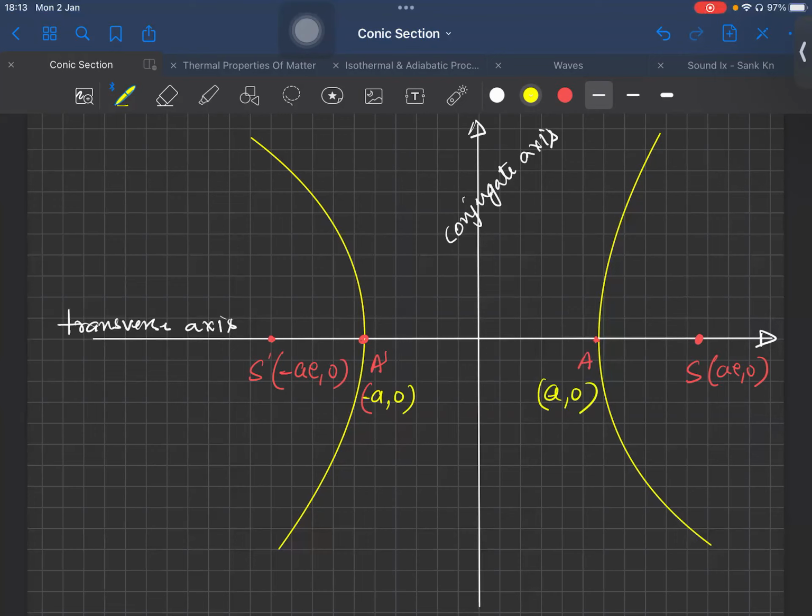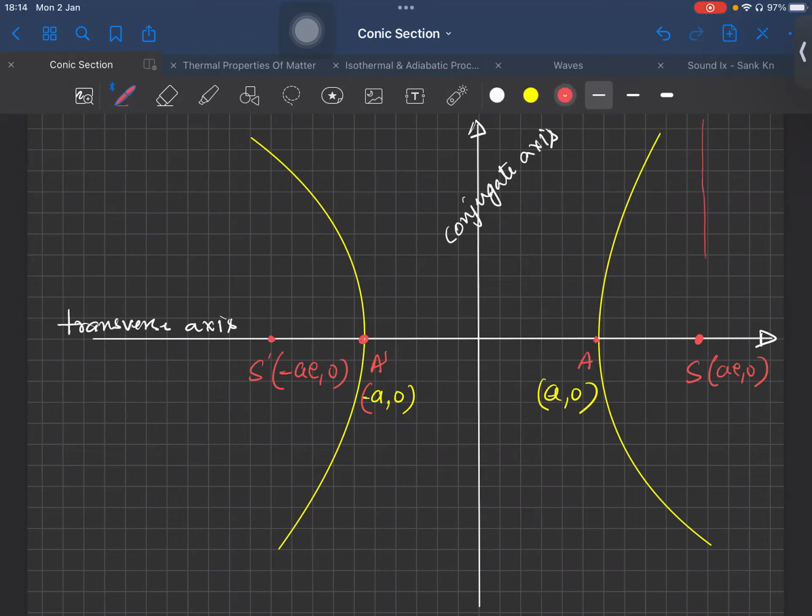Focus. Now, where is the latus rectum? What is latus rectum? It's a chord which passes through the focus. That means it's a focal chord, and it is perpendicular to the transverse axis. That is called latus rectum.